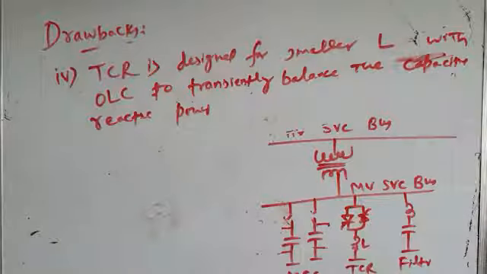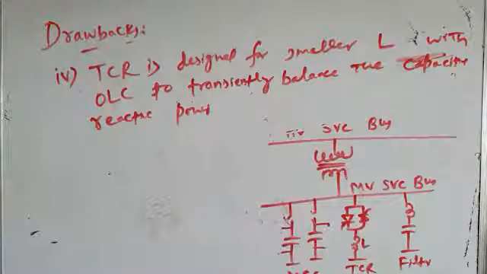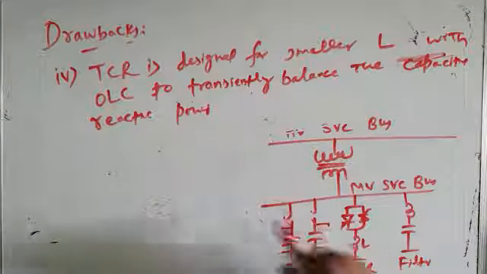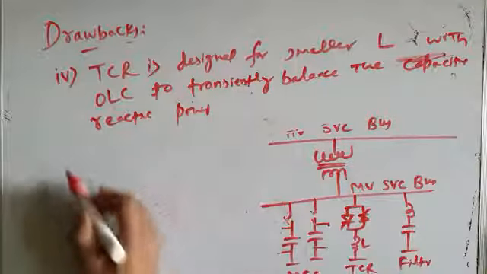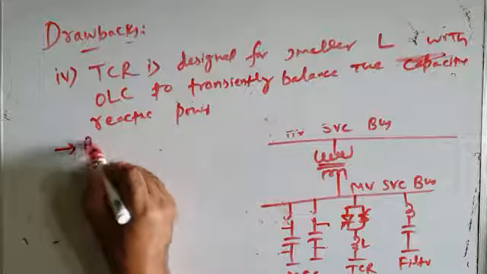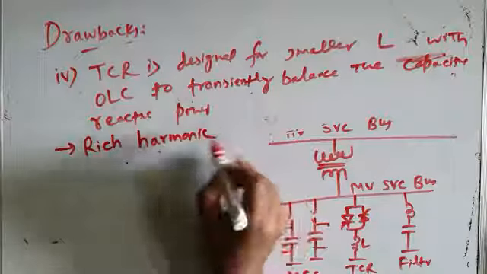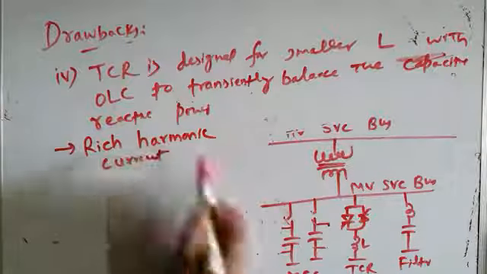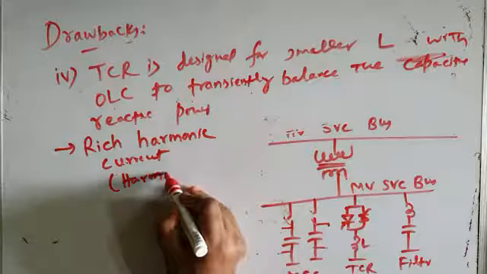So the TCR is operated at a certain delay angle and it balances the capacitive reactive power output of this capacitor bank. But in MSC TCR type SVC, the TCR is designed for a low value of inductance, but not for a high value of inductance. And that means when a TCR has a low value of inductance, rich harmonic currents will be drawn by this TCR. The harmonic content in the currents will be very high as compared to a TCR with a high value of inductance.